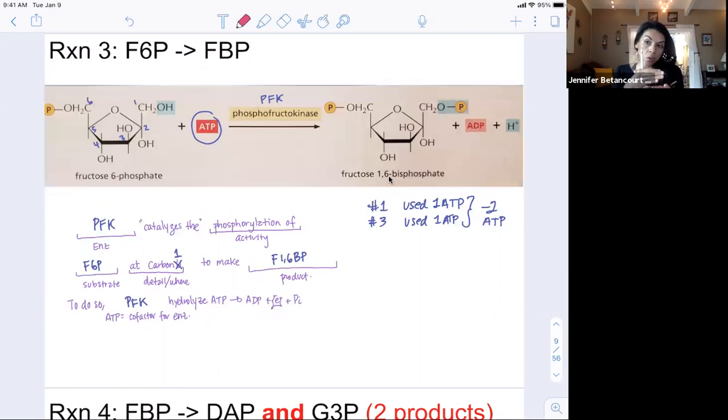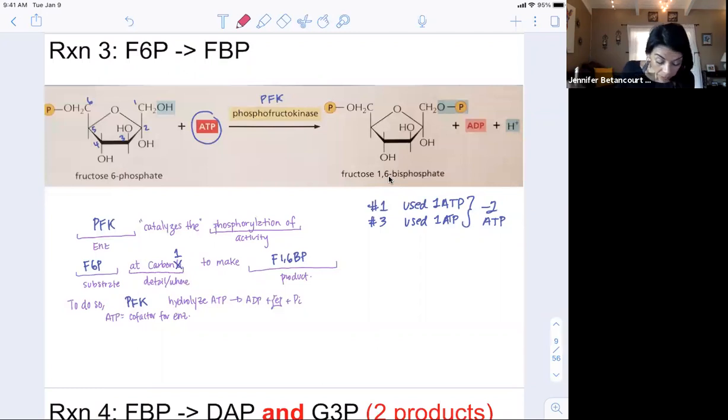If you finish reaction 3, the ability for the cell to stop any further reaction is really, really weak. So at this point, the cell really needs to take inventory about their ATP levels. If they need to make ATP, phosphofructokinase will be actively regulated. If they have enough ATP, phosphofructokinase will be negatively regulated.